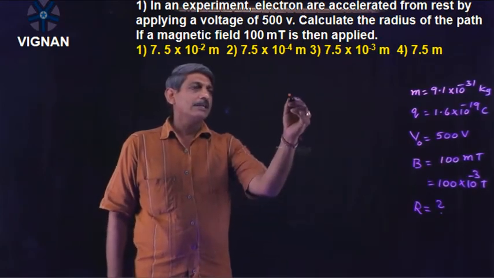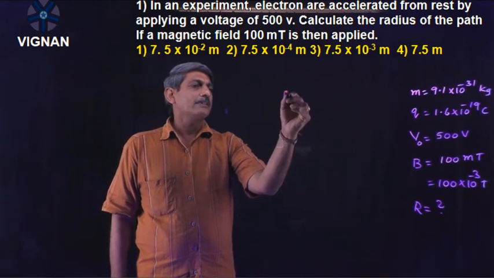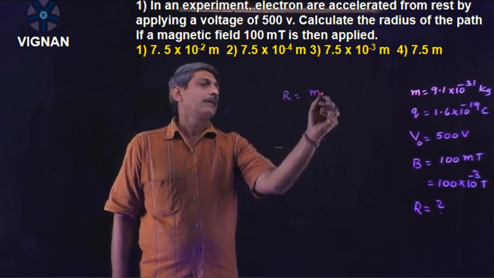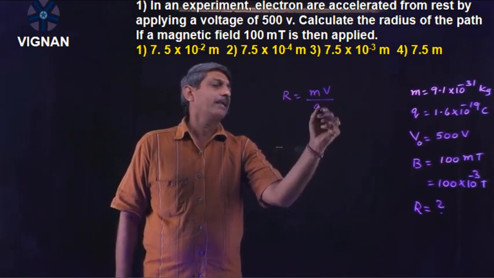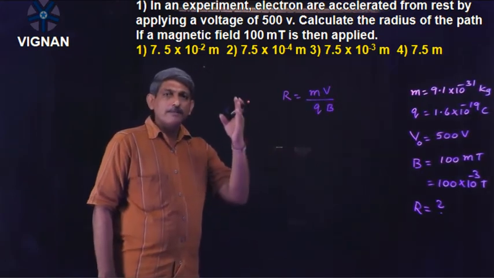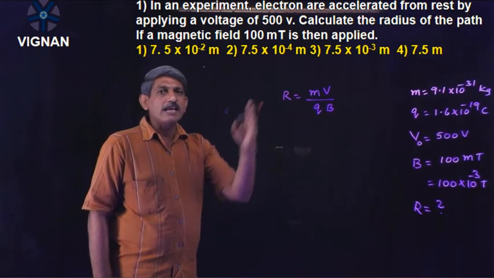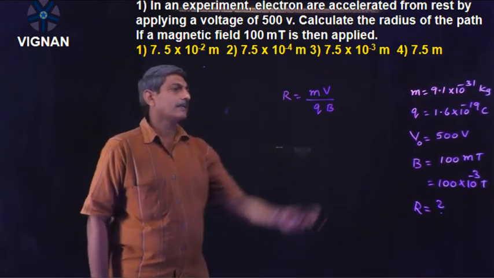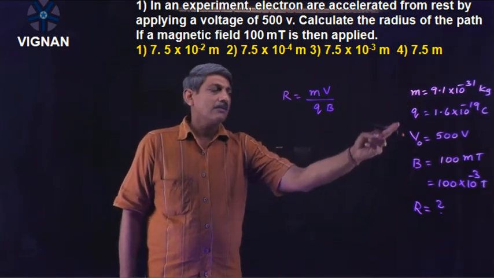Already we know that the radius of the circular path R is equal to mv divided by qB. This is used when mass of the particle and velocity of the particle are given. But here mass is given, velocity is not given.